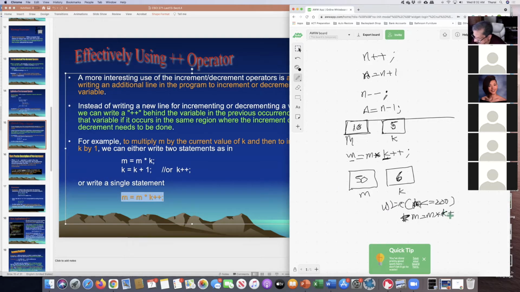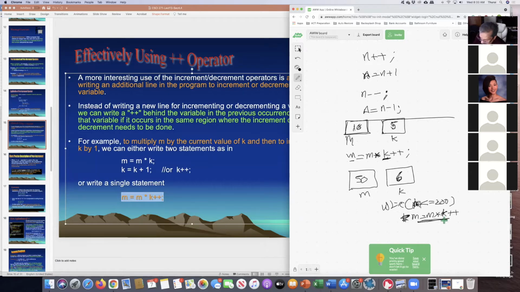Instead, now you can say m times k++. So the body of the loop reduces in size. Can you say that it increases k for the next loop, right? No, right after using the current value of k in this expression, k changes immediately afterwards.